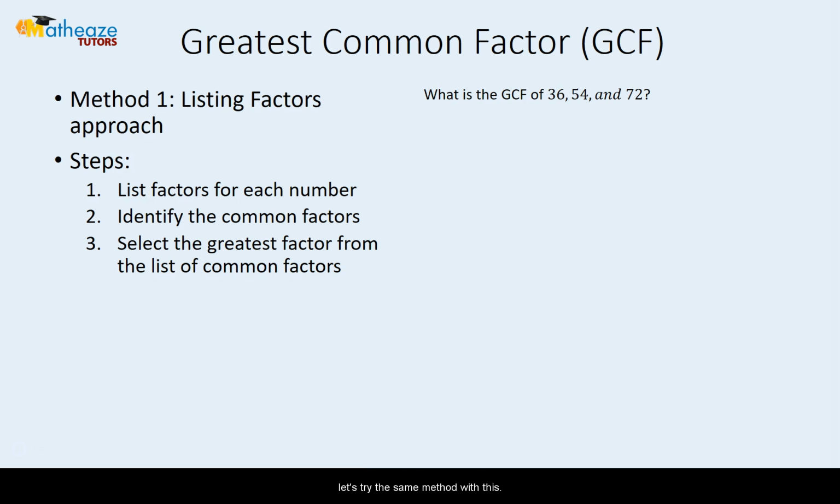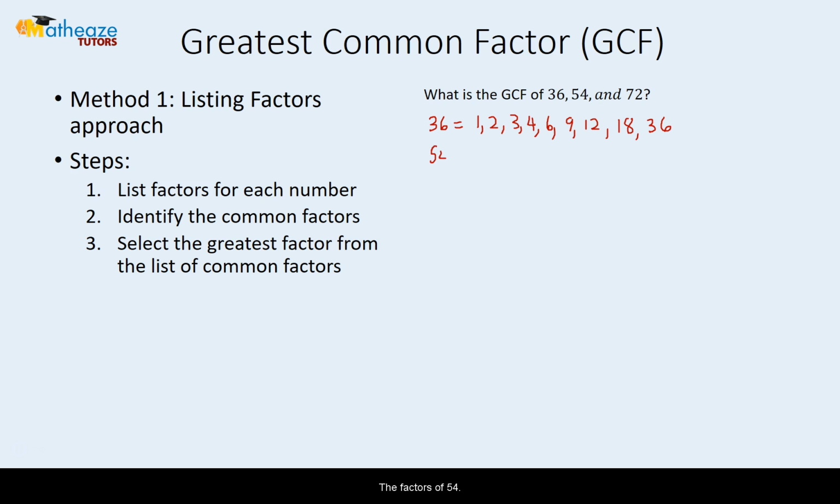Let's try the same method with this. 36. The factors of 36 are 1, 2, 3, 4, 6, 9, 12, 18, and 36.